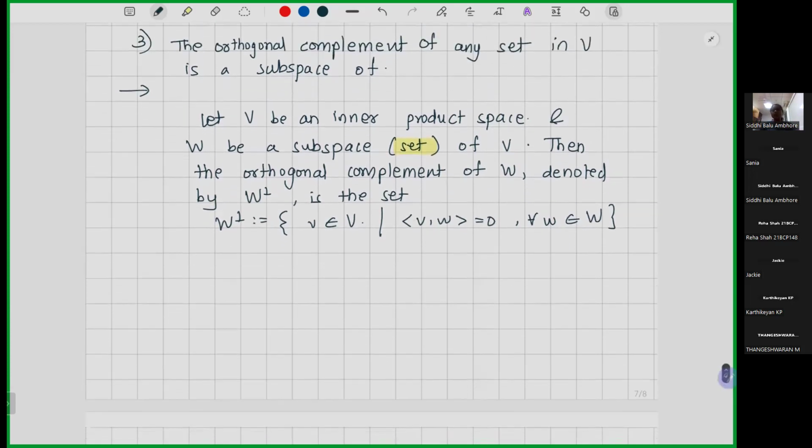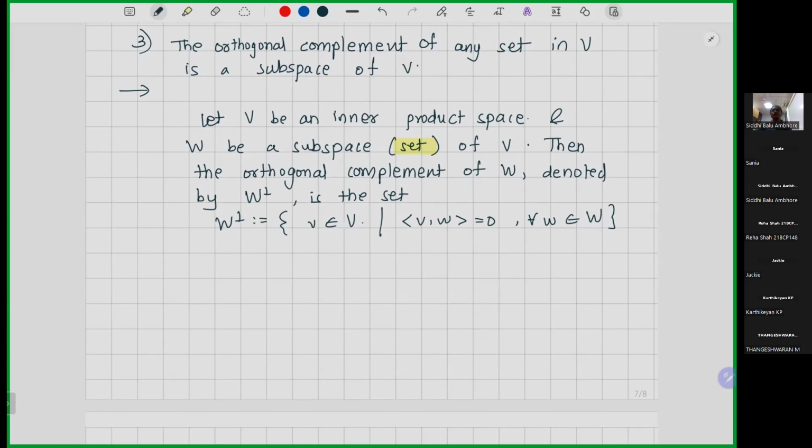So they are asking for any given set W whether this orthogonal complement of W will always be a subspace of V or not. Any guesses?